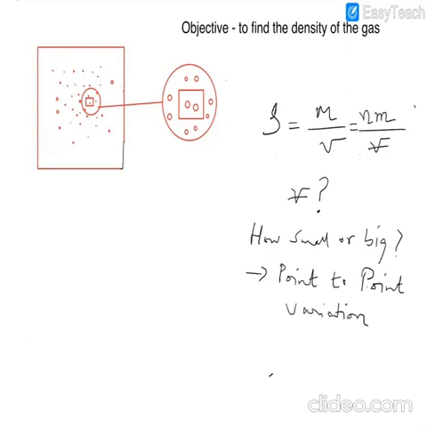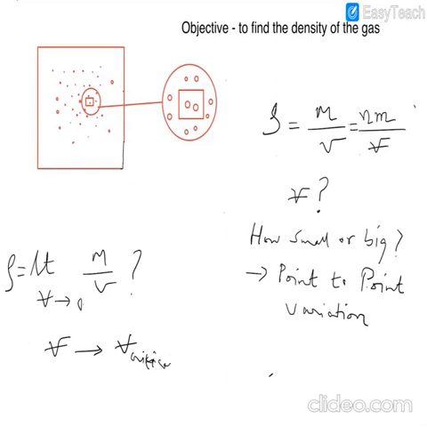If it is like limit delta v tending to 0, m by v, that's how we define density. Or whatever this volume should be tending to some critical value. That is our big question. Will it be tending to 0, or will it be tending to some critical volume?